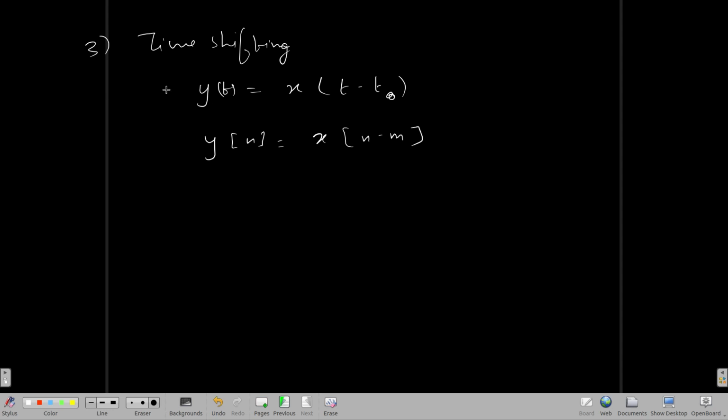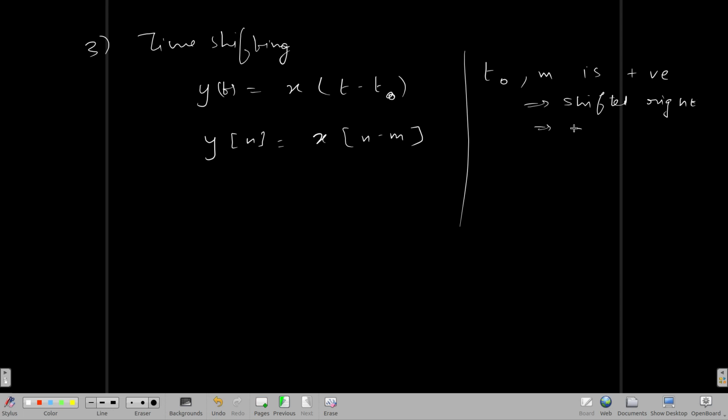From the name itself you understand that we are shifting the signal in time. Let me write it there: t0 and m positive implies the signal is shifted to the right side.